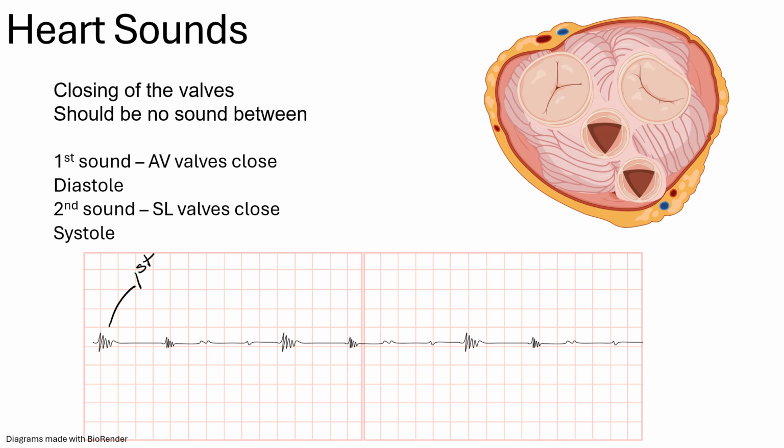Between the first and the second heart sounds, the heart is pumping, or it's in systole, and it's ejecting blood. Between the second and first heart sound, and this is the first one again, the heart is in diastole, and it is filling.